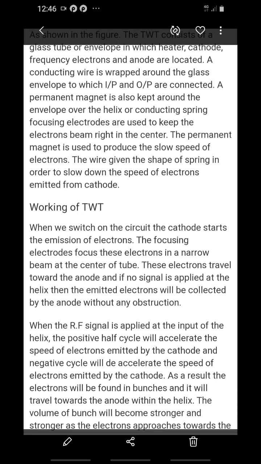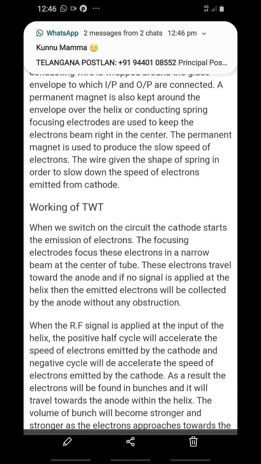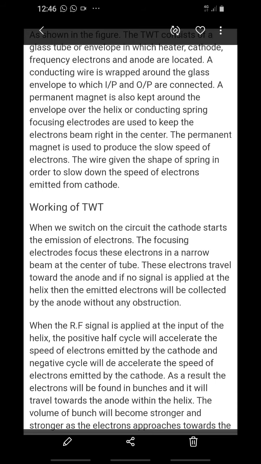Working of TWT. When we switch on the circuit, the cathode starts the emission of electrons. The focusing electrodes focus these electrons in a narrow beam at the center of the tube.